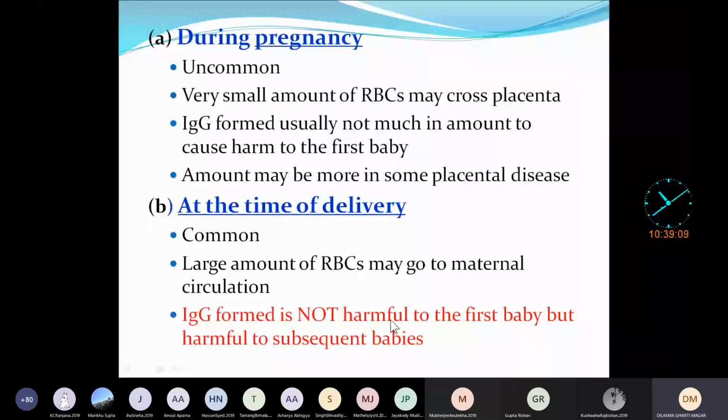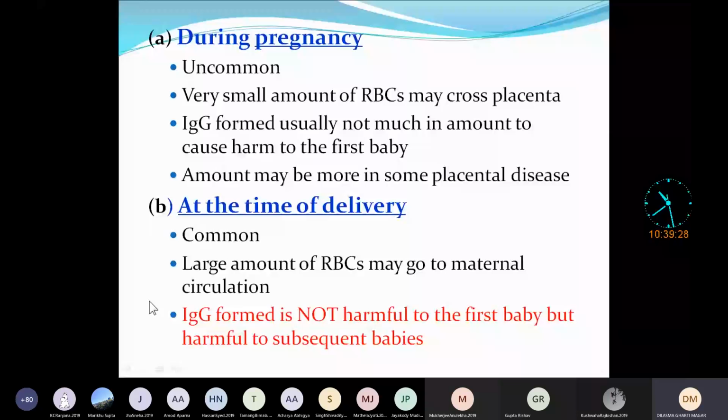So it is not harmful to the first baby, because whenever the first baby is there, that time because of the placental blood barrier, the RBC cannot go to the mother, isn't it? Now at the time of the delivery, large blood will come, isn't it?